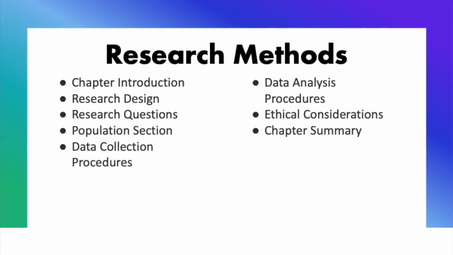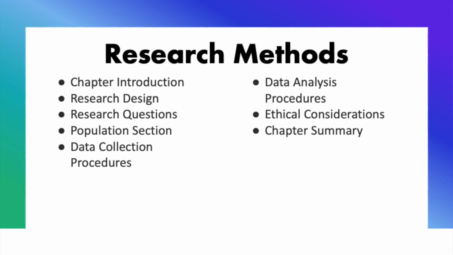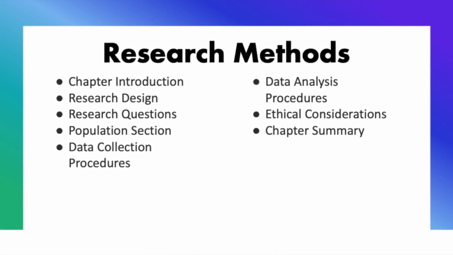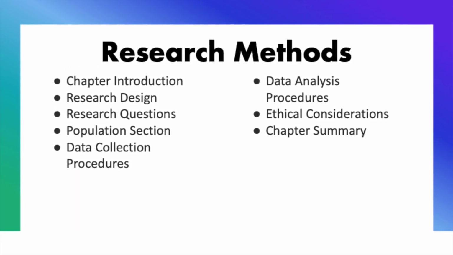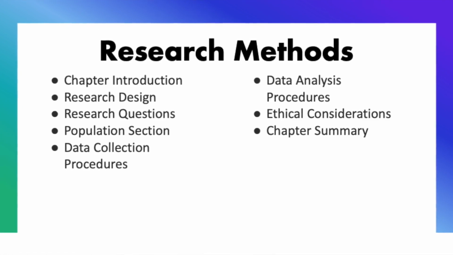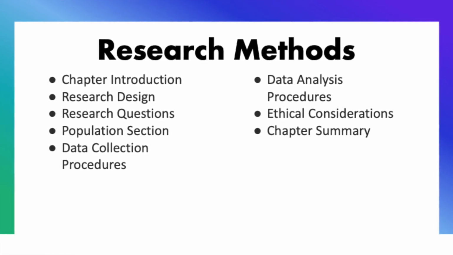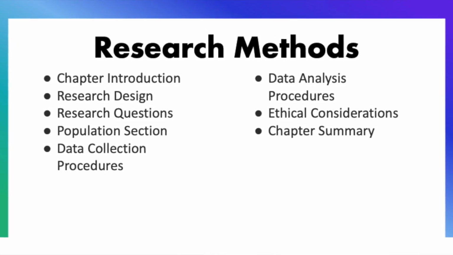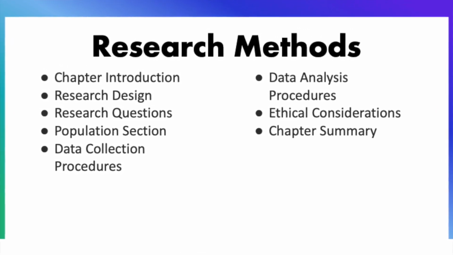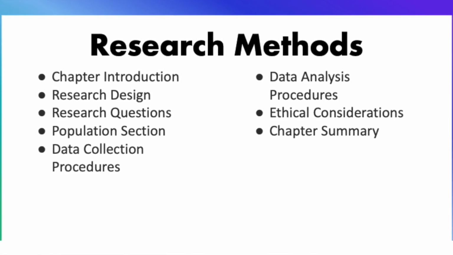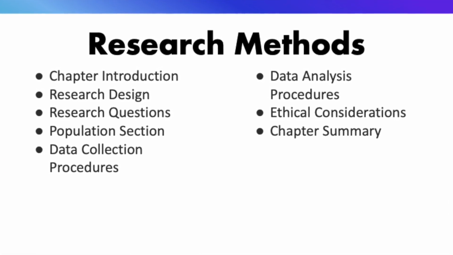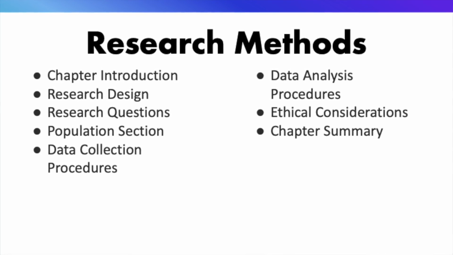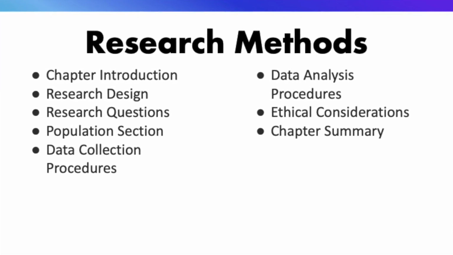You should include information about your research design, your research questions, the population you've selected for this research study, data collection procedures, data analysis procedures, ethical considerations, and chapter summary. So this section includes everything about your research design and the methods that you'll be using during your research study.